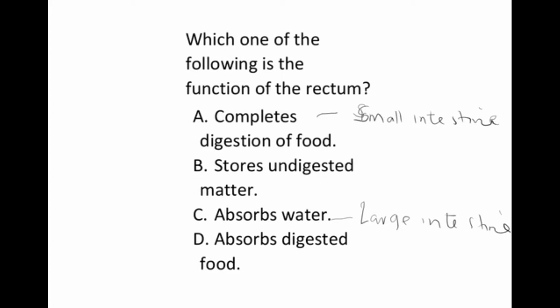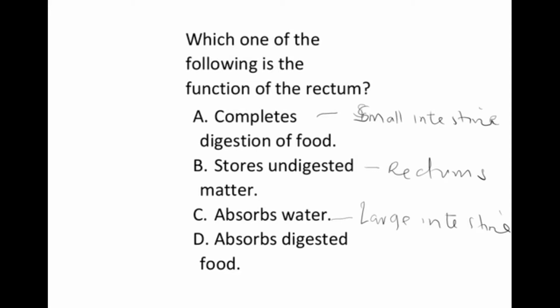That is where absorption of water and dissolved mineral salts takes place. Then the undigested food materials pass through to the rectum, where they are stored temporarily before they are removed through the anus. So this is where the rectum comes in.